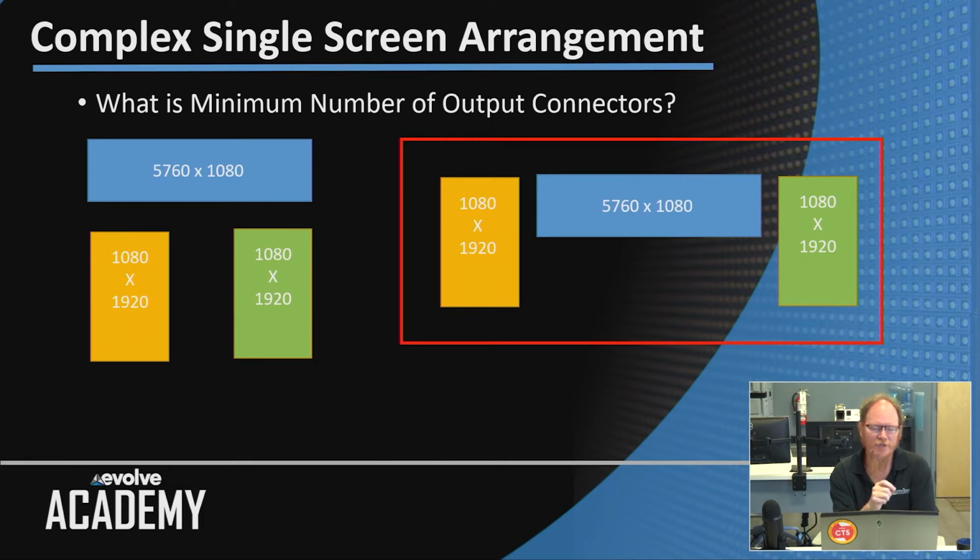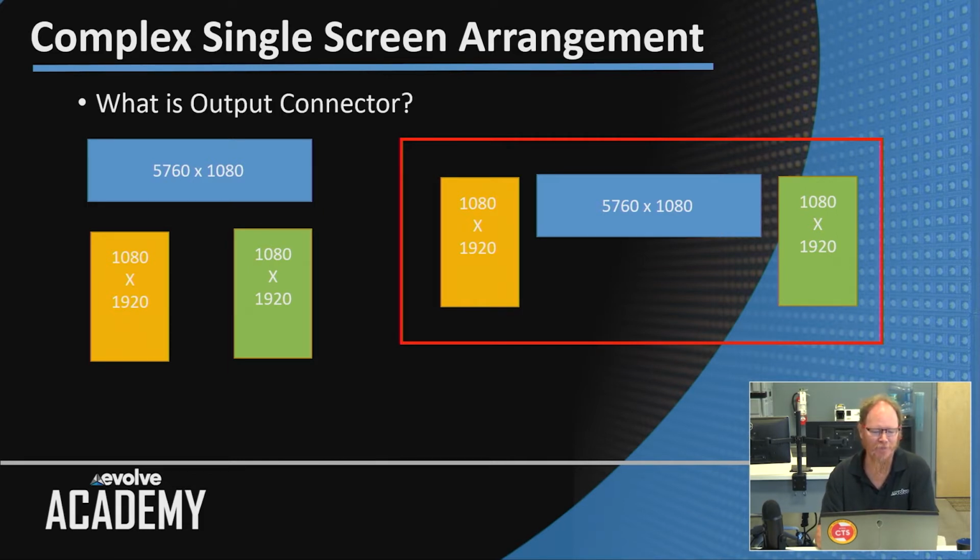So what is the first question you need to ask when determining how many output connectors? Well, the first thing I would ask is, what signal format are we using? Because that does make a difference. So which output connector do you want to use?